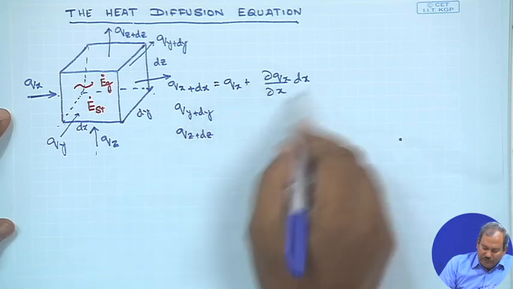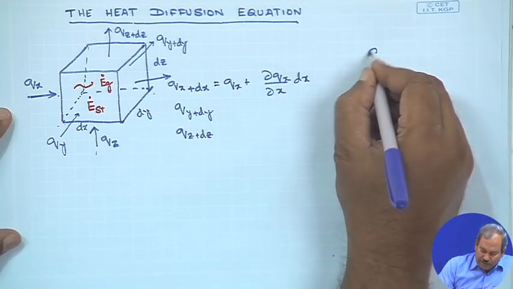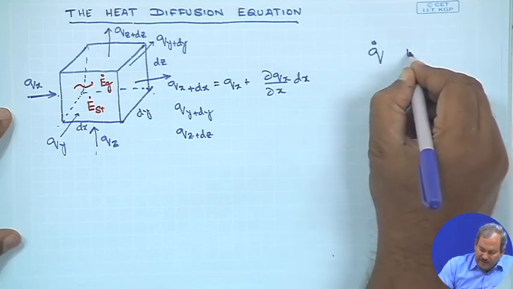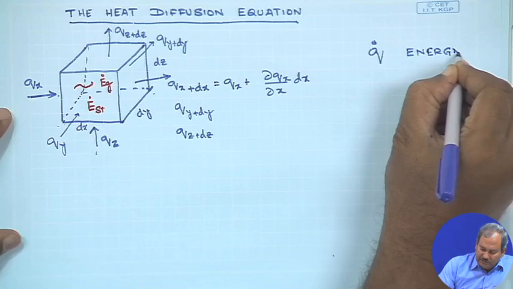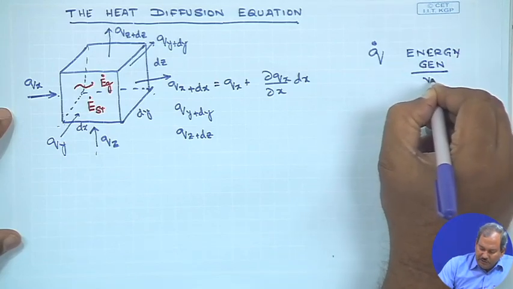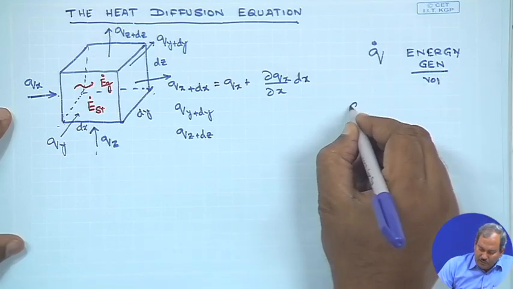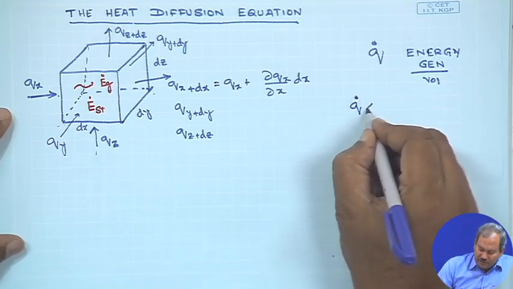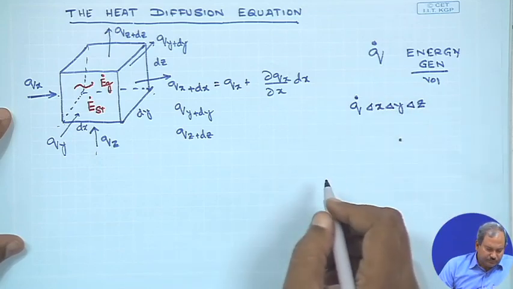So, you can simply write it, and if you assume that q dot is the energy generated by some means, could be nuclear, per unit volume inside this, then the total amount of heat generation in this control volume would simply be equal to q dot times del x, del y, del z.